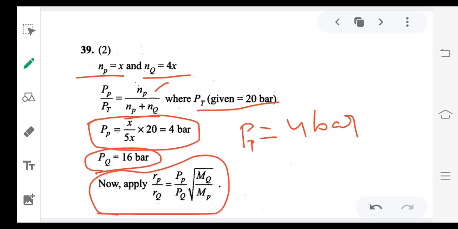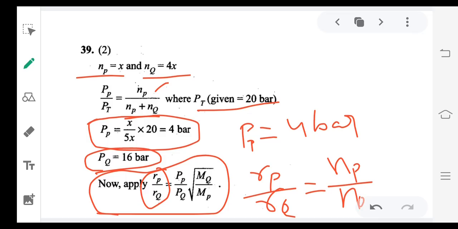If you apply the rate of diffusion formula, PP by PQ gives root MQ by MP. So you will get rate of diffusion of P and rate of diffusion of Q. So you know RP by RQ is nothing but NP by NQ. This is the composition ratio.